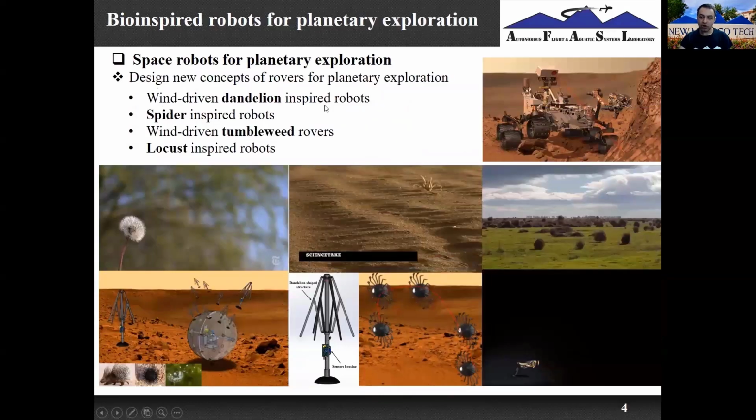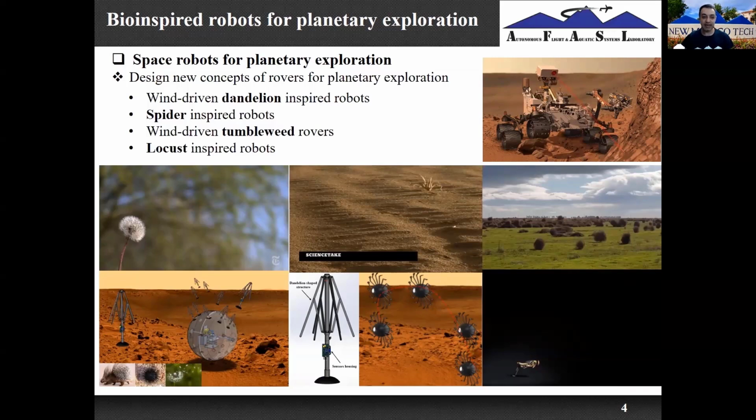Another topic that is related to these robotic systems is, again, space exploration. Space exploration can be performed by different mechanisms. It can be performed by landers, rovers, probes, satellites, and telescopes.